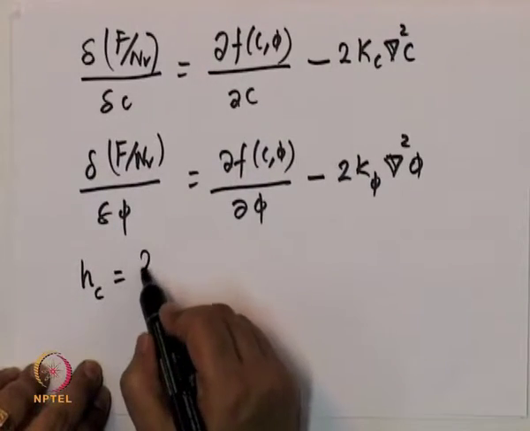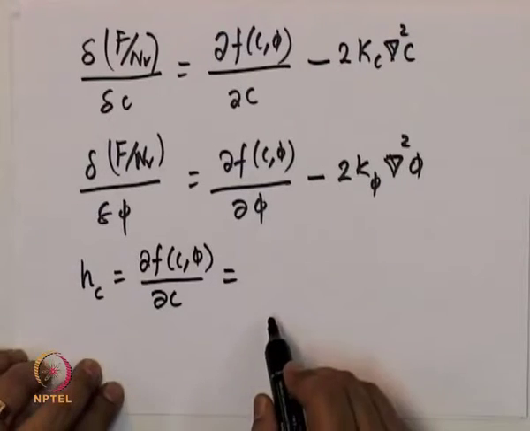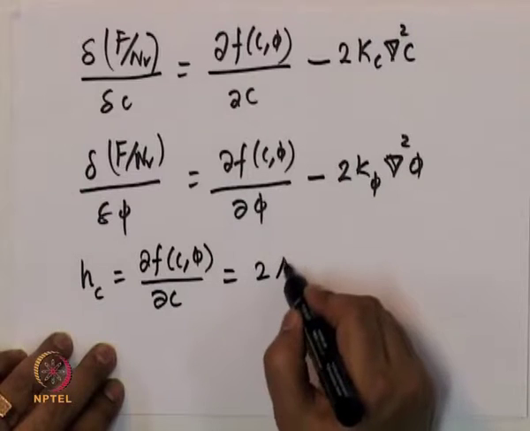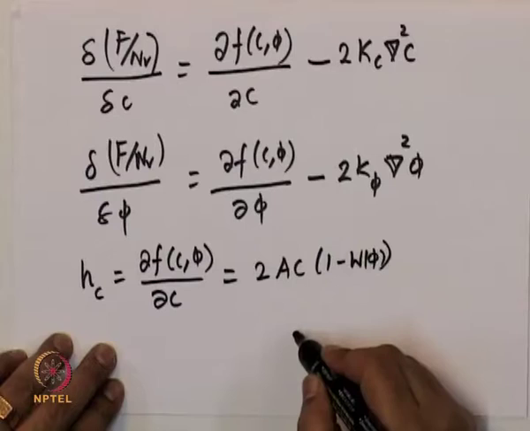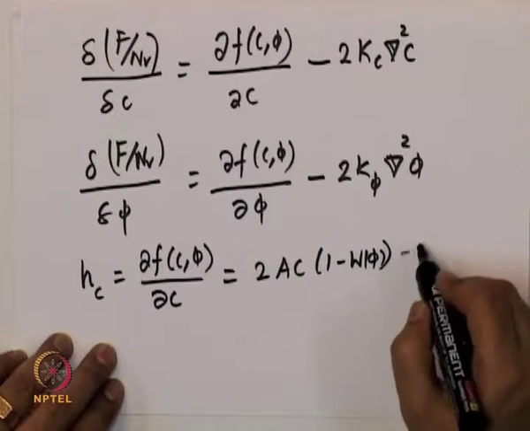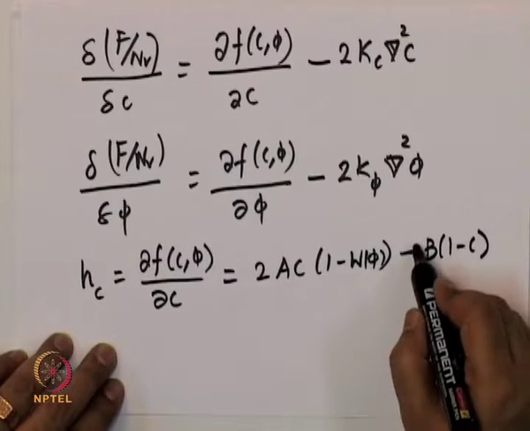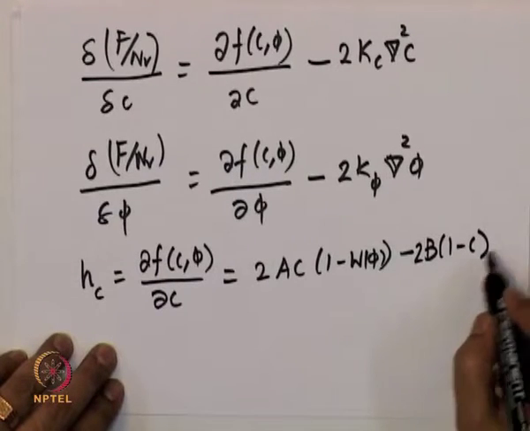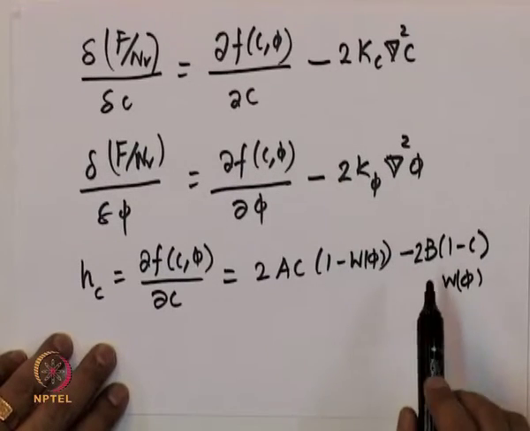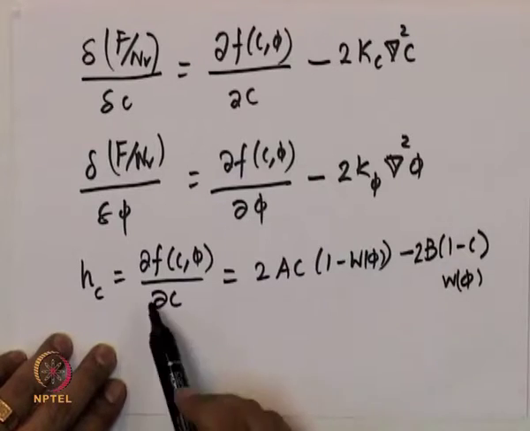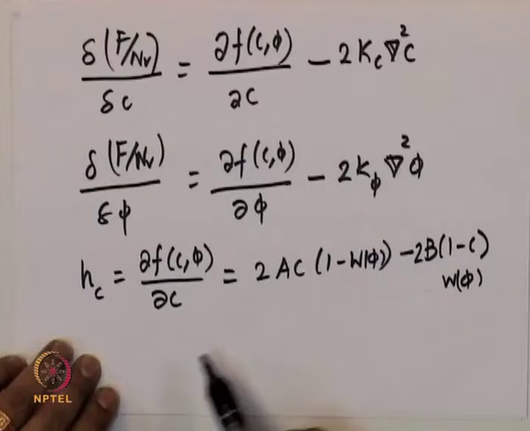H of c is nothing but dou f c comma phi by dou c, which will be nothing but 2ac into 1 minus w of phi minus 2b into 1 minus c w of phi, and the next term, which is p phi squared into 1 minus phi whole squared, does not have any c term. So this is only the coupled part.